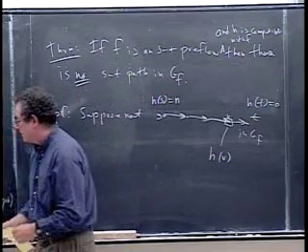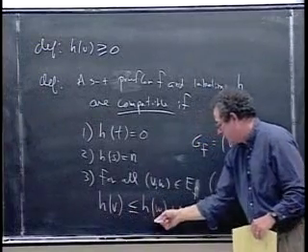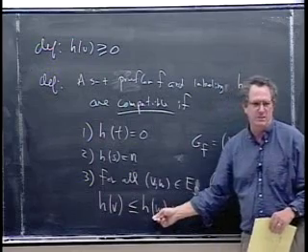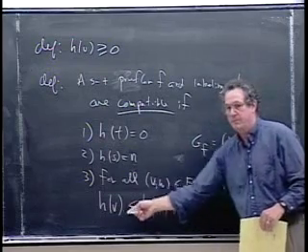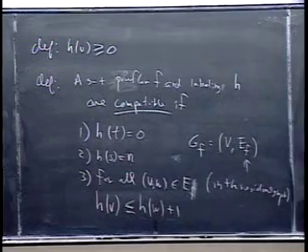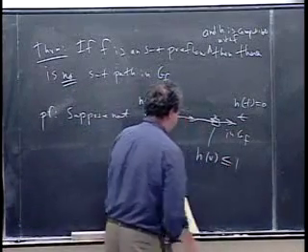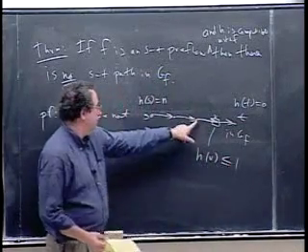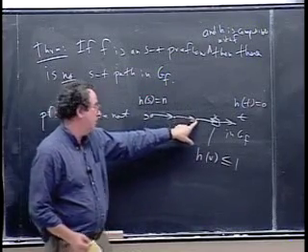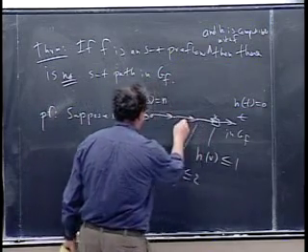It's at most 1 because by compatibility, h of v has got to be less than or equal to h of w plus 1. At the moment, w here is t. This tells us that h of this v is at most 1. What about this node? It's at most 2. And you go up.